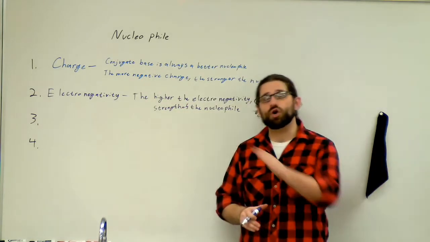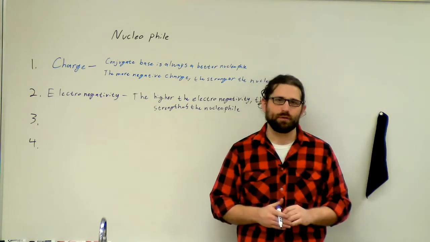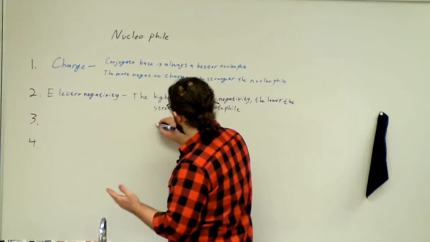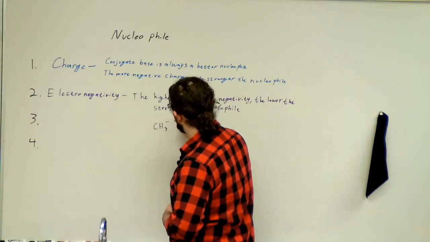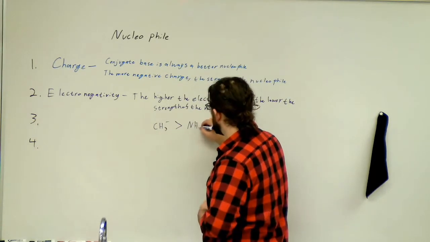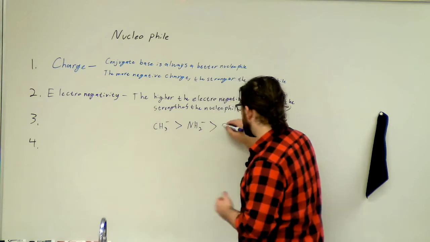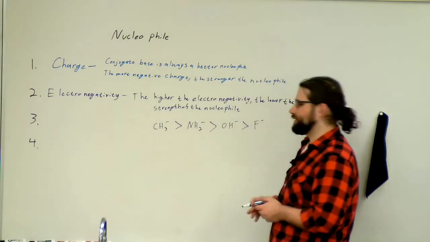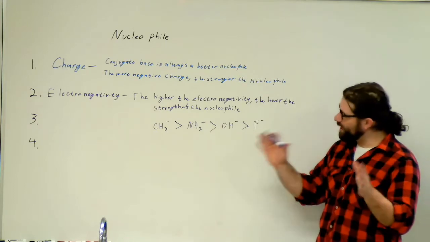Now this is going to work across the top of the periodic table. So this is going to be just like in bases. I'm going to draw CH3 minus is going to be a greater nucleophile than NH2 minus, which will be a greater nucleophile than OH minus, which is still greater than F minus. Okay? So it's the same trend.